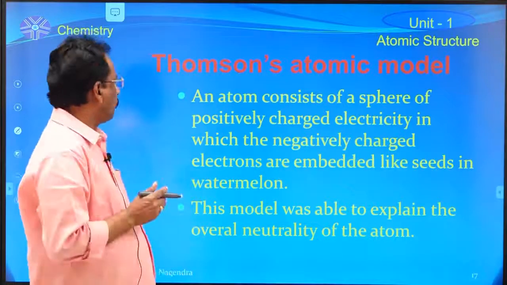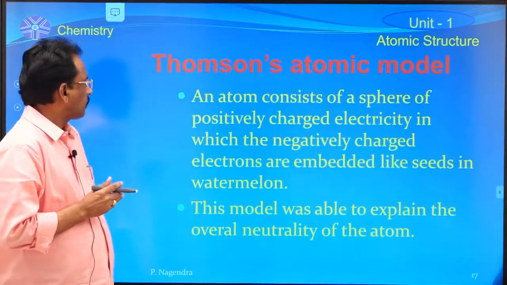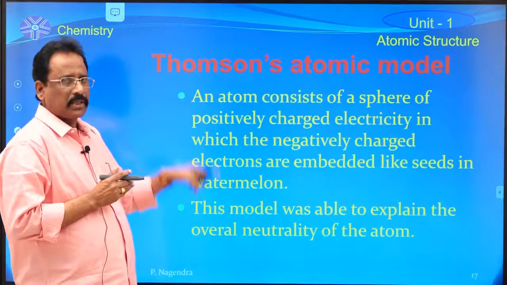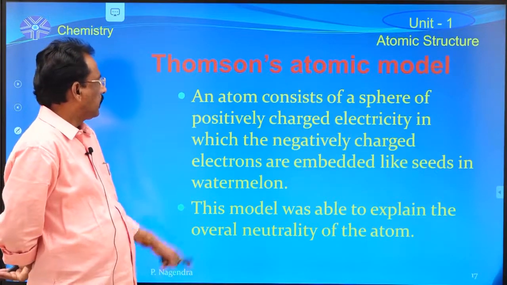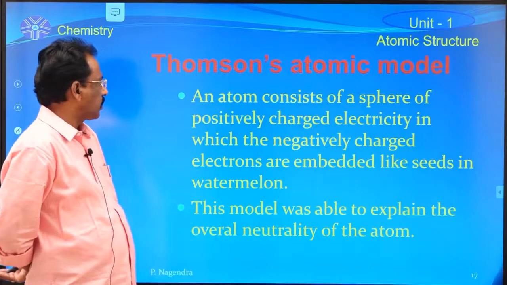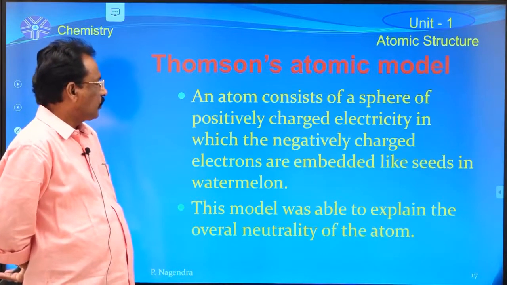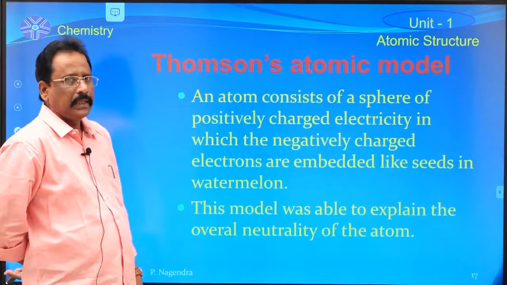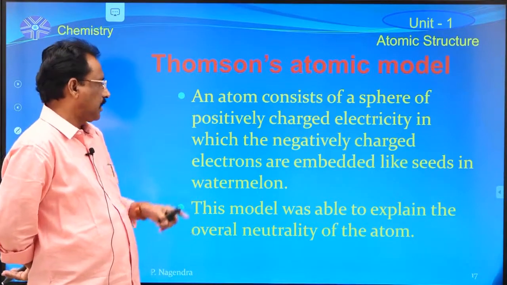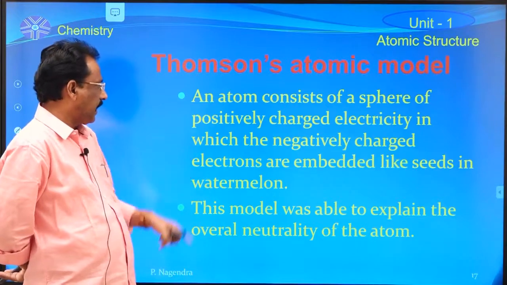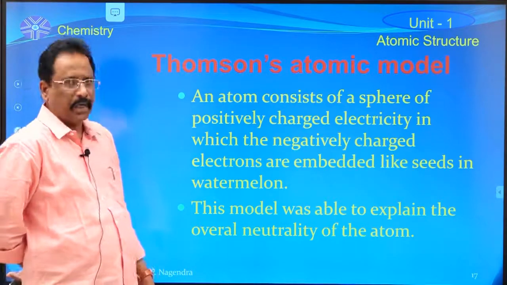Among them, the first atomic model was proposed by J.J. Thomson. According to him, an atom consists of a sphere of positively charged electricity in which the negatively charged electrons are embedded like seeds in watermelon.